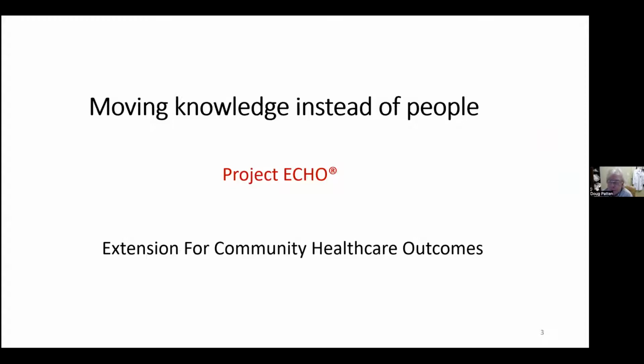And sort of the tagline for this is moving knowledge instead of people. In other words, bringing expertise to providers in areas where they may not have access to certain specialty services, but also relying on the provider experience shared amongst each other to enhance the ability to provide care where you are. Next slide, please.